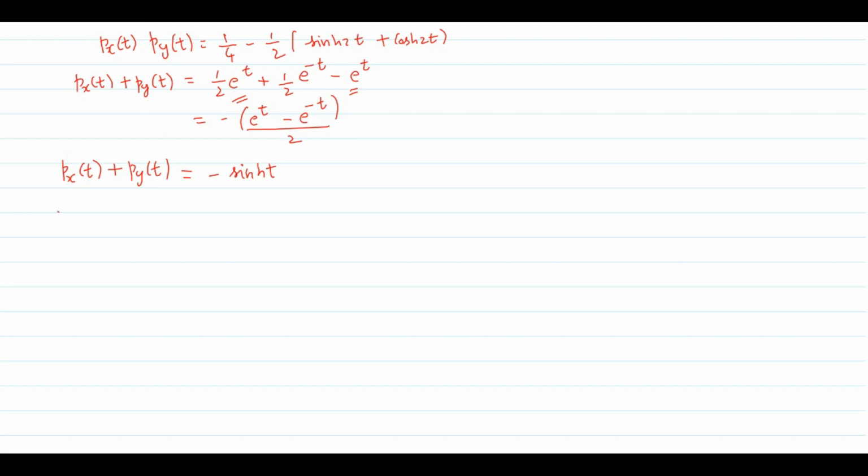Similarly, you can take subtraction between these two. When I subtract these two, you will get 1 by 2 e power t minus 1 by 2 e power minus t, minus into minus e power t. Therefore the first two terms give you sine hyperbolic t. Now e power t can be written from this formula.